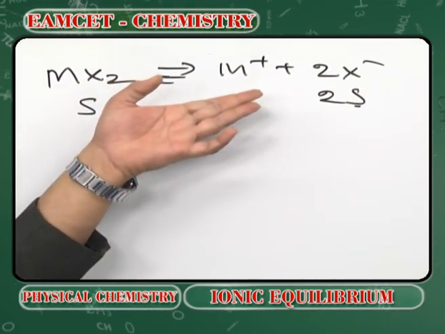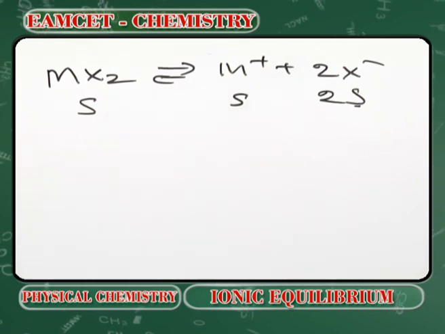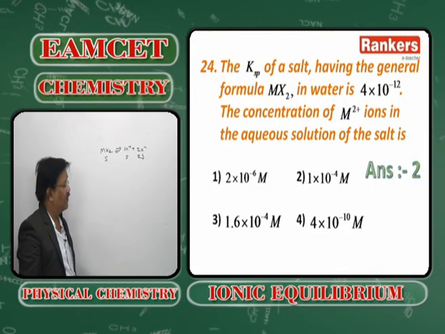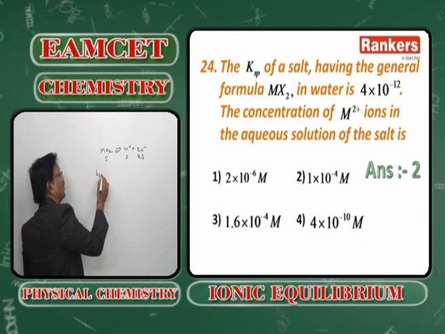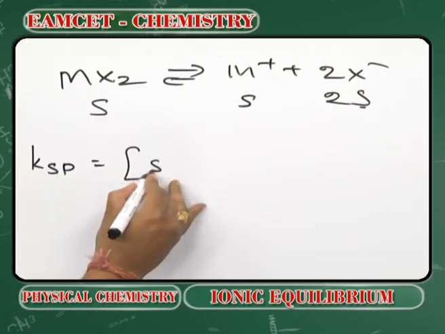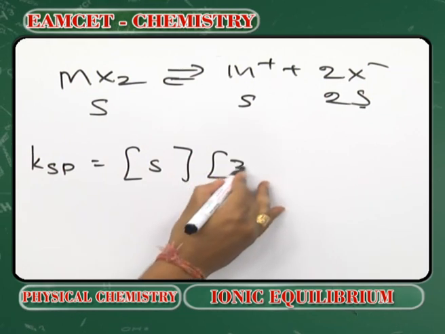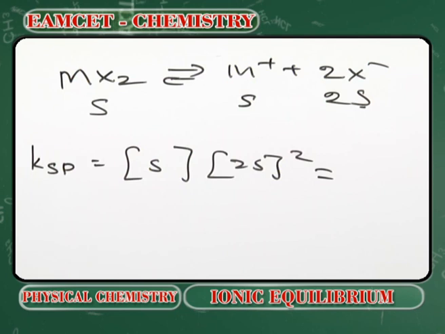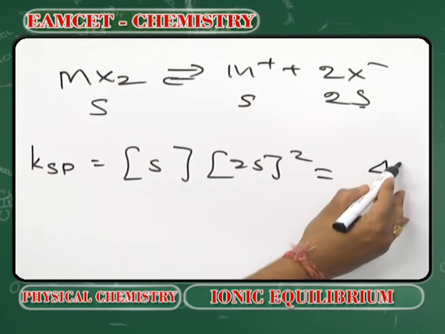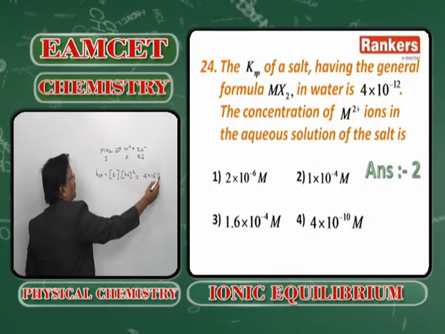Finding the concentration of M plus 2 is nothing but finding the solubility. So Ksp is equal to S into 2S whole square, is equal to 4 into 10 to the power of minus 12.